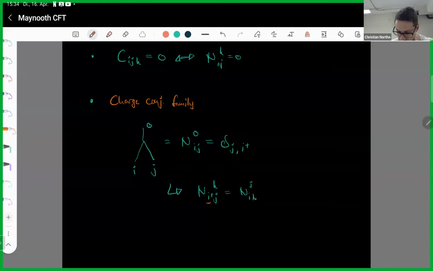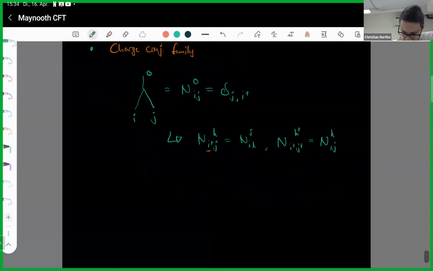So here I have flipped them. Another property is that if all families in the fusion are charge conjugates, there should be no difference, so the result is the same as without charge conjugation.